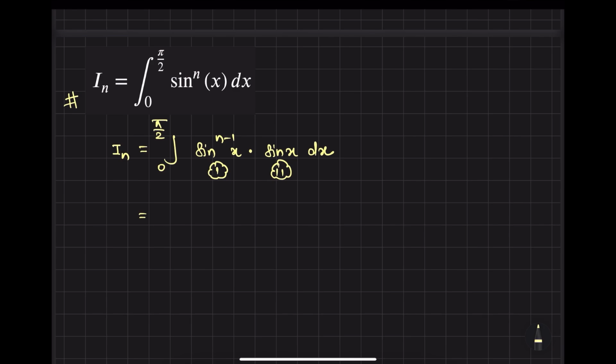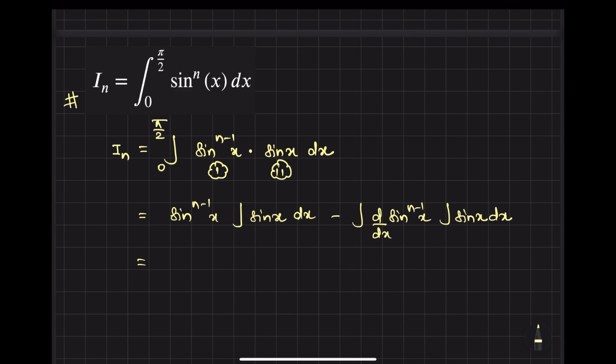Now let's apply the formula. It is first function, sine power n minus 1 x, into the integration of the second function, minus the whole integration of the differentiation of the first function into the integration of the second function dx. I hope till this part you are okay. Now just observe what happens.